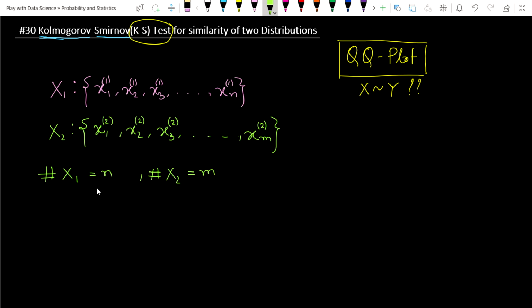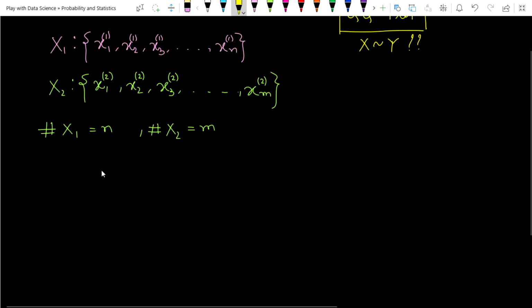Now the question that comes into our mind is whether x1 and x2 come from the same distribution.